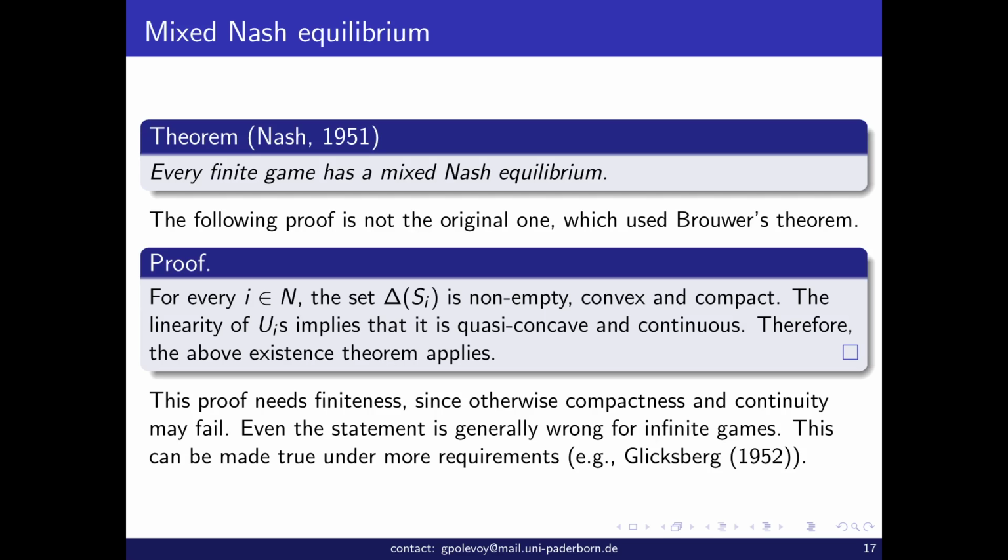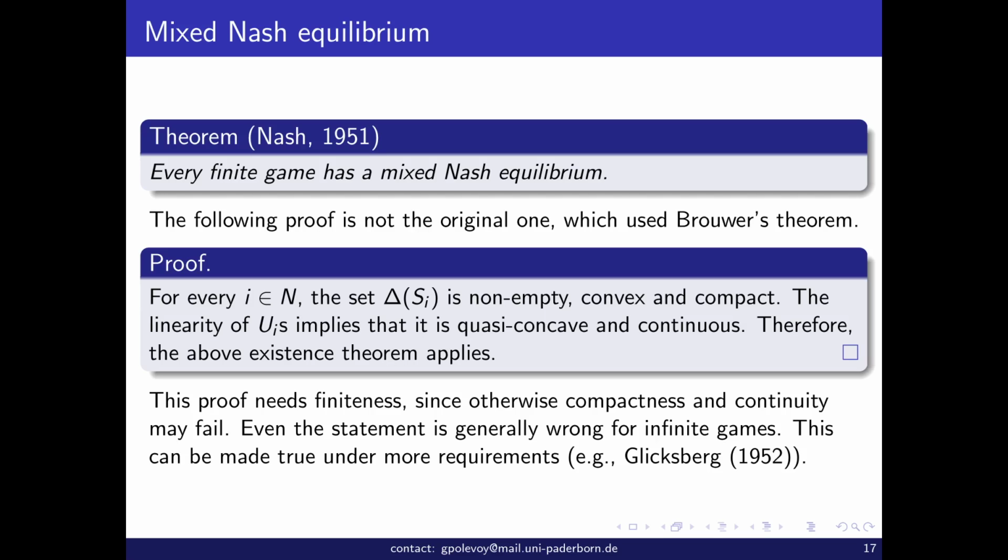And this proof uses finiteness, as I said, that compactness and continuity may fail if we don't know that it's a finite game. Moreover, the theorem is actually wrong when the game is not finite. But we can find another theorem. There are theorems which need more conditions, like the famous theorem of Glicksberg, who already in '52, so a year after Nash, had proved this theorem.